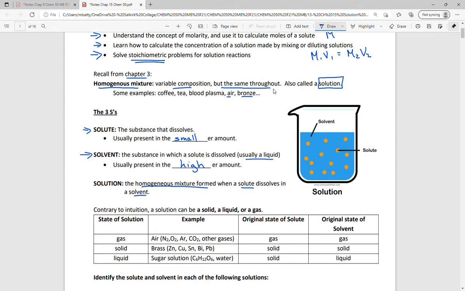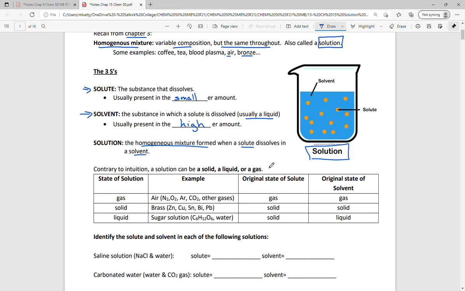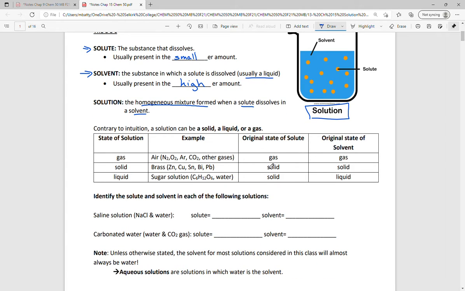You think often of liquids, so this is your solution in a beaker, but we can have solutions that are gases dissolved in gases, so the air you breathe is an example of that. You could have solids being dissolved in solids, and so brasses or metal alloys could be an example of that. And then the classic that you probably were thinking about, Kool-Aid or sugar or whatever dissolved in water.